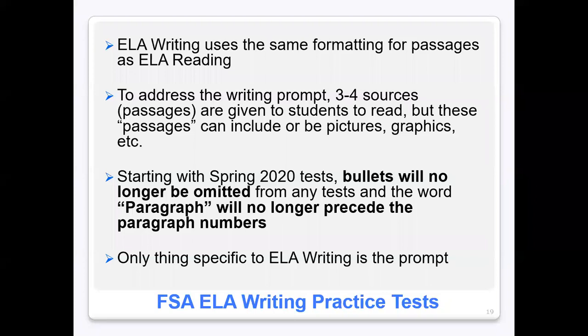If you have access to several practice tests and start comparing, you may see some differences because we're shifting away from a couple of things this year that we previously used to include. I'll get to that in a minute.